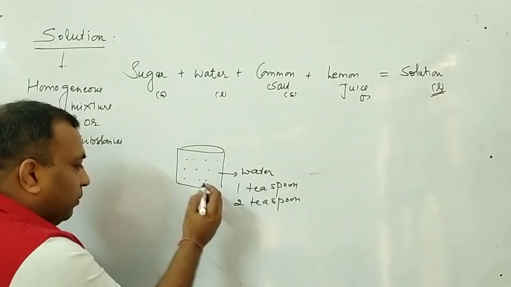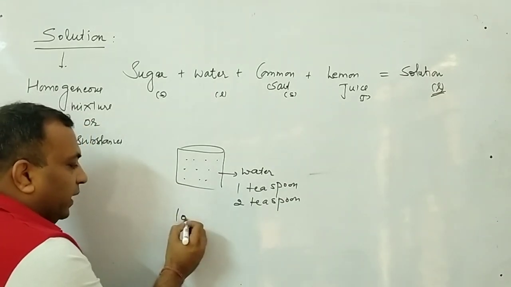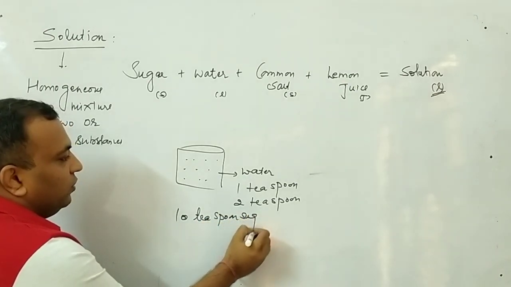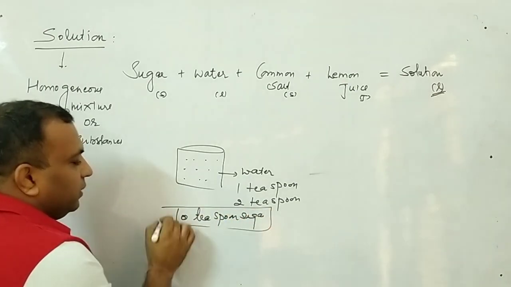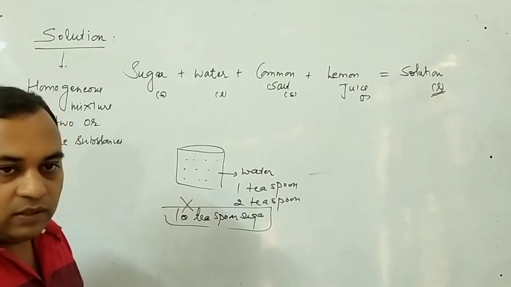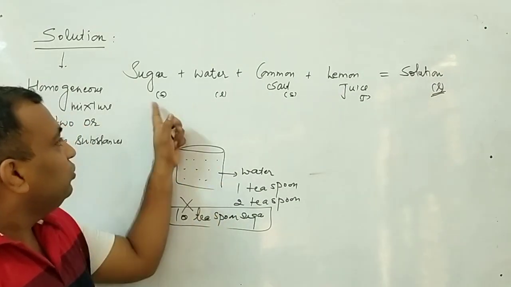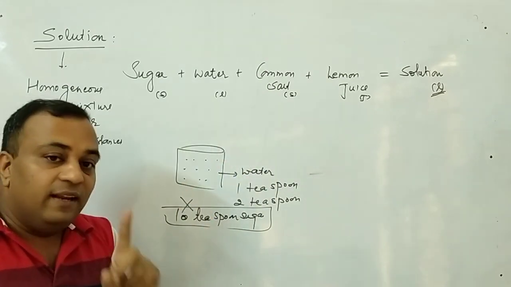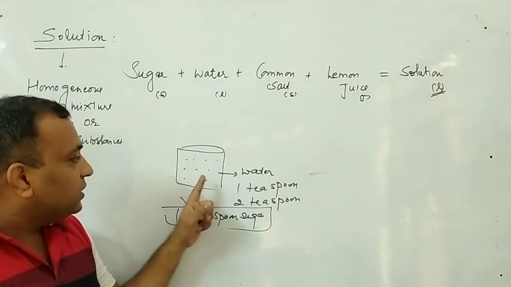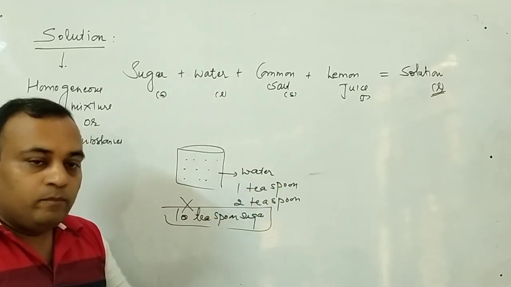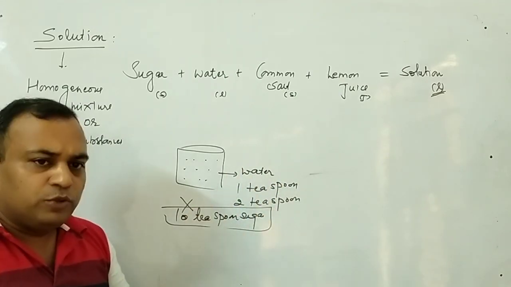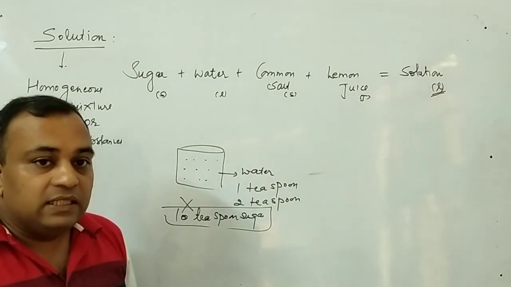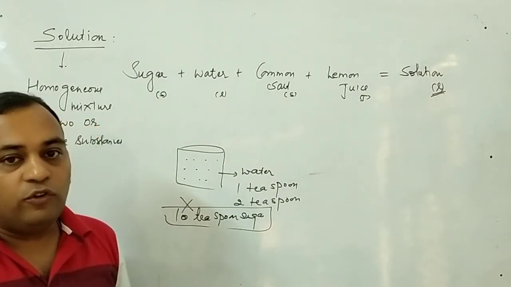But is it possible to add 10 teaspoons of sugar? This is not possible. We can change their proportional amount, but within limits. 2 teaspoons may be added, but 10 teaspoons of sugar cannot be added in 1 glass of water to form a solution.